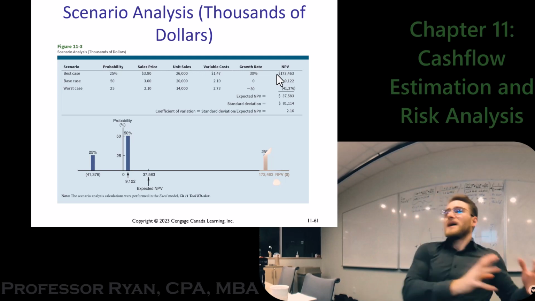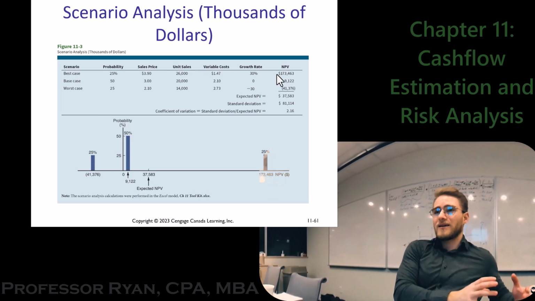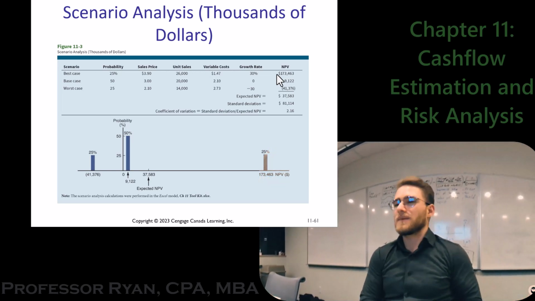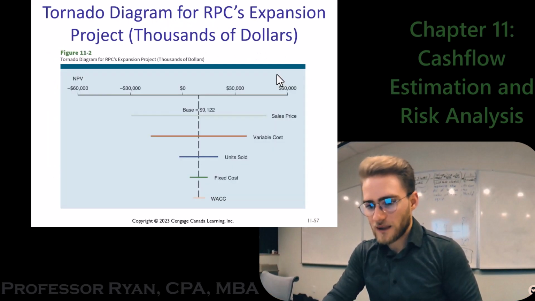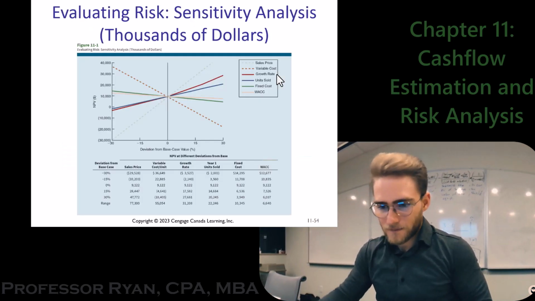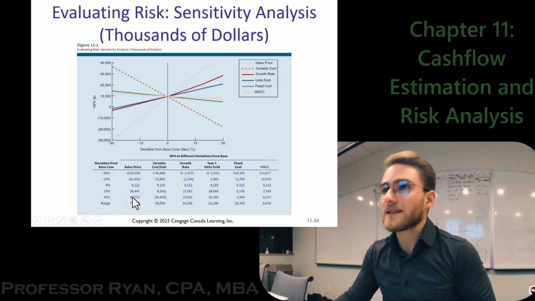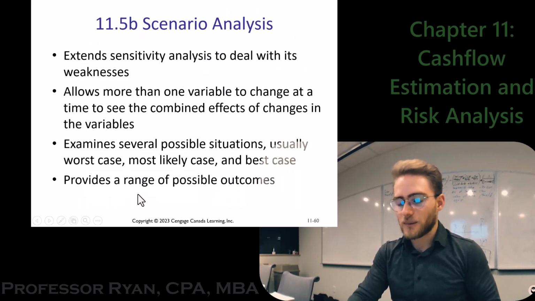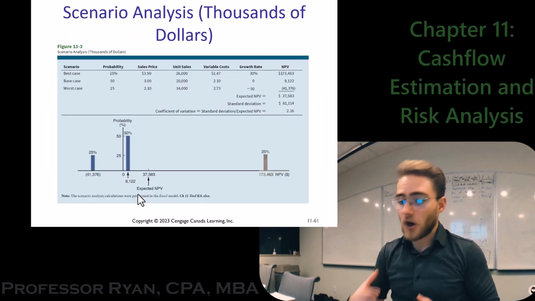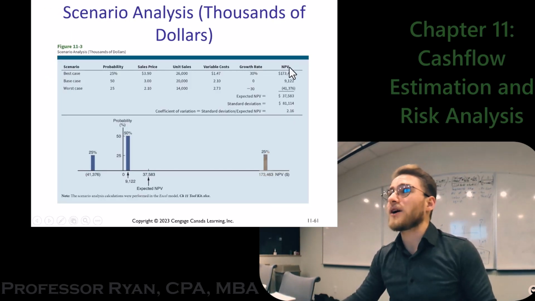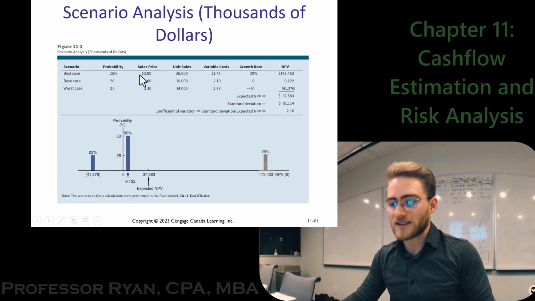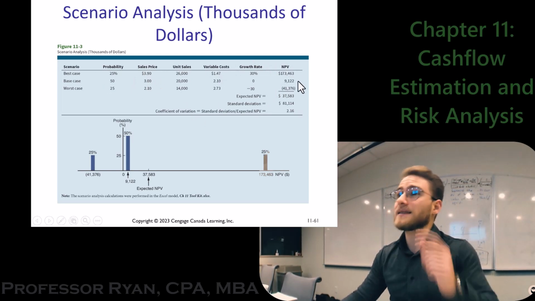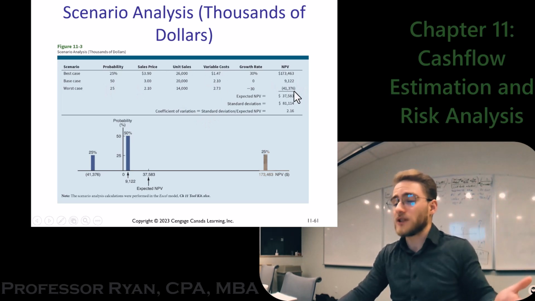That's better than my best case in my single variable analysis. What was it? Yeah, my best case was 47 million positive just by changing one variable. But now that I'm changing multiple variables, they compound together, and my best case is now 173 million, right? My base case is still 9.122 million because I haven't changed anything.